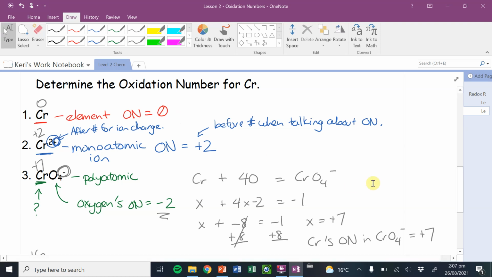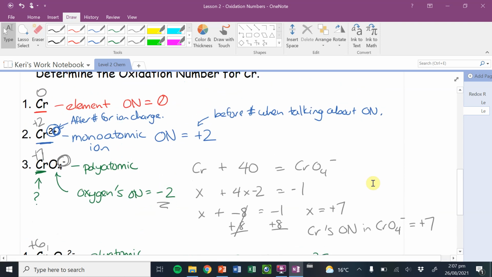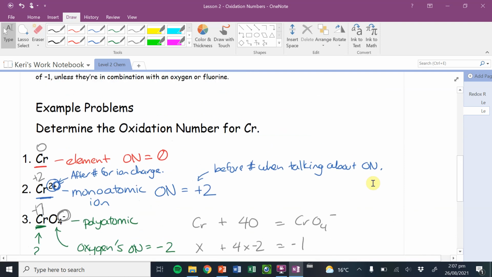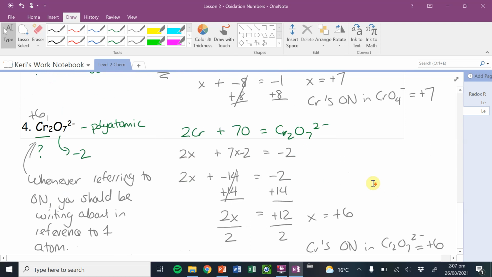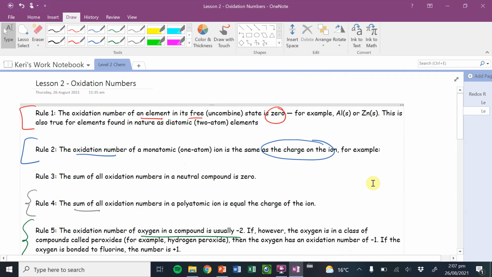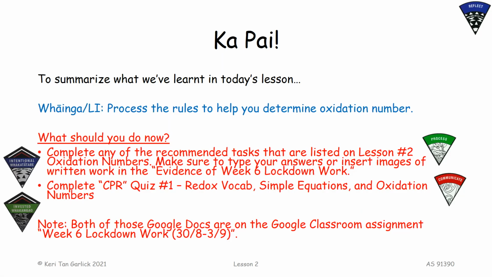That is an oxidation reaction, making the reactant a reductant. If those oxidation numbers decrease, then that makes it a reduction reaction. You have gained electrons, LEO says GER, and that would make the reactant an oxidant. So do lots of practice with this because it is very easy to get this terminology mixed around.